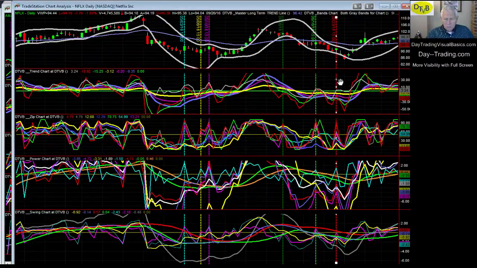And one key thing that you see in this example is that zip green has remained at zero. So we have a green candle, and we have a day when people are leaving the market.